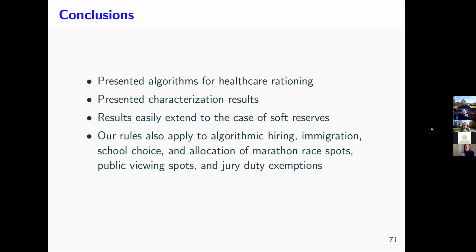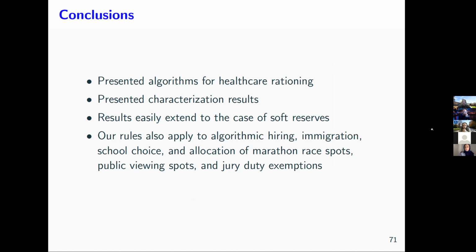And we pursue that direction further, and we come up with 3 new rules for this problem. So we presented various algorithms for healthcare rationing. We also presented a few characterization results. And in terms of characterization results, I really want to highlight the characterization result of the rev rule, which characterizes 3 main properties which the authors of Pathak et al. were after.